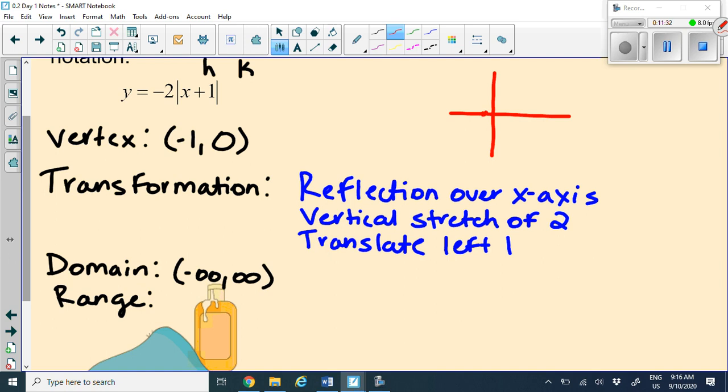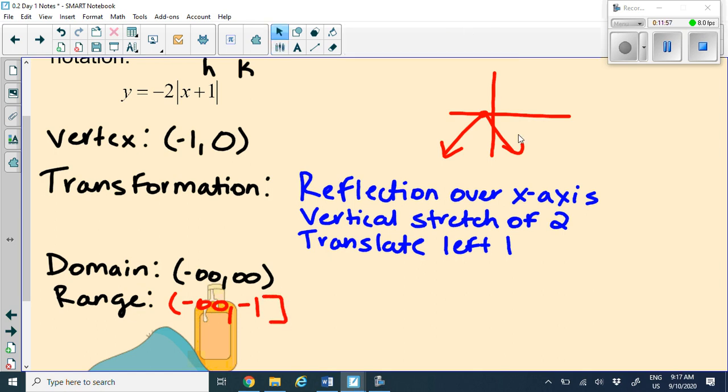And then point that and know that I'm going to go down because my a value is negative. So if we think about it, our highest y value is going to be at the vertex, -1. And then our lowest is going to be -infinity because our graph opens down. So I have parentheses, -infinity to -1, and then don't forget your bracket.